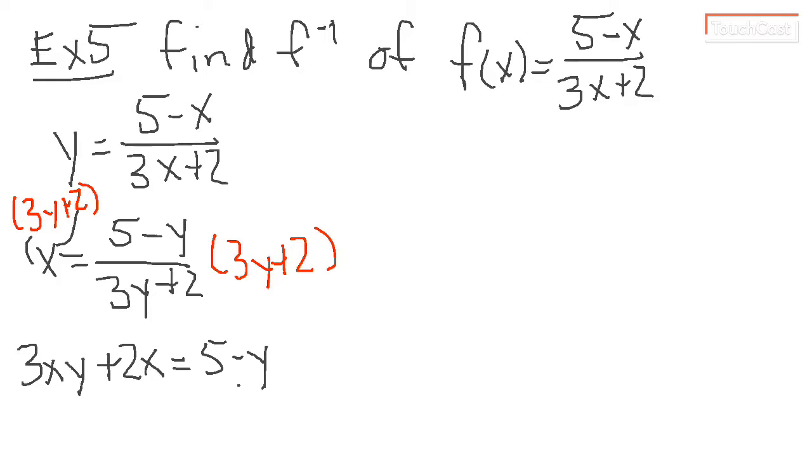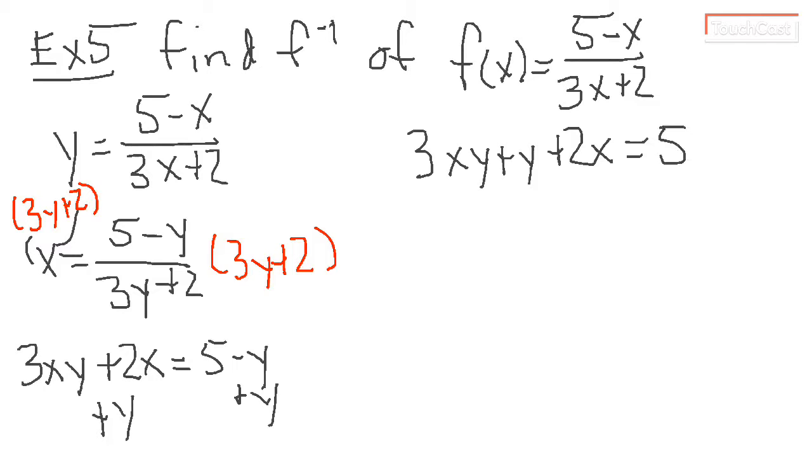So I'm going to add y to both sides. And I'm going to have then 3xy + y + 2x equals 5. And while I'm at it, I'm also going to move the 2x to the other side.